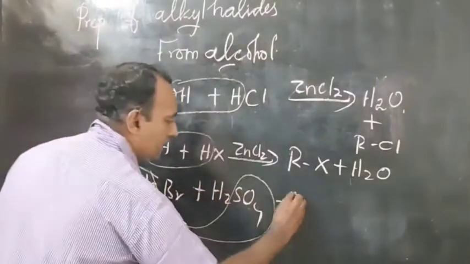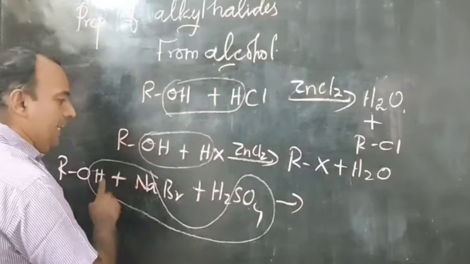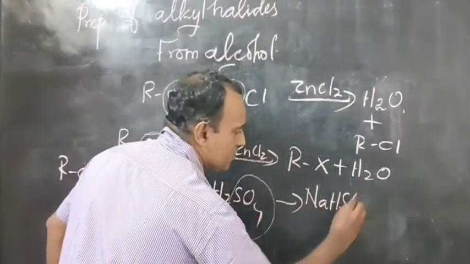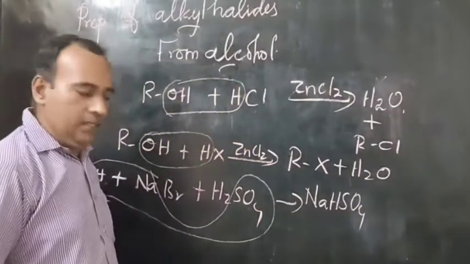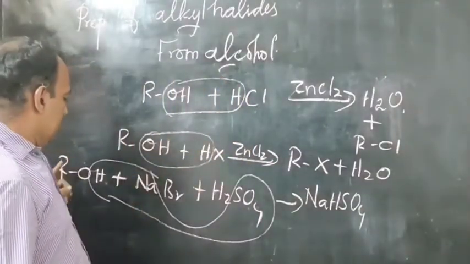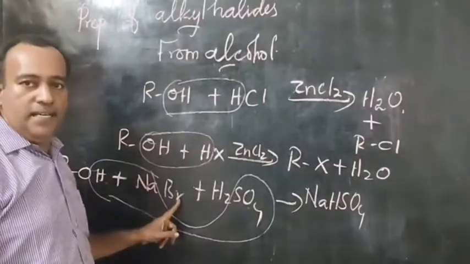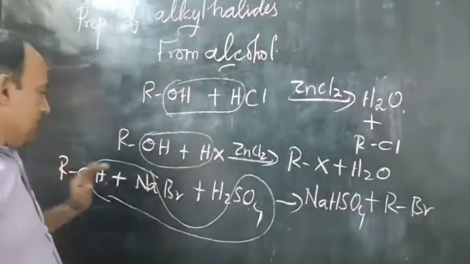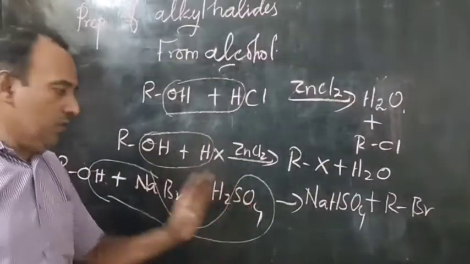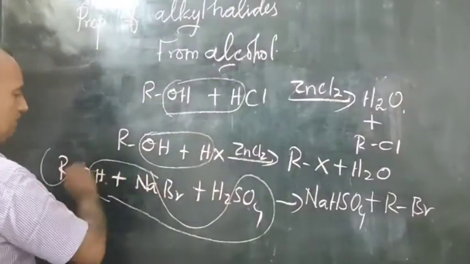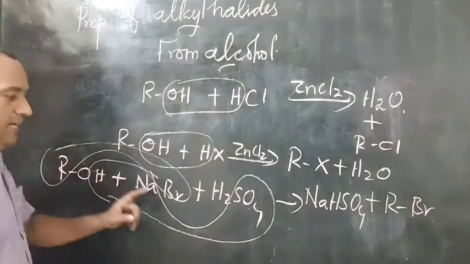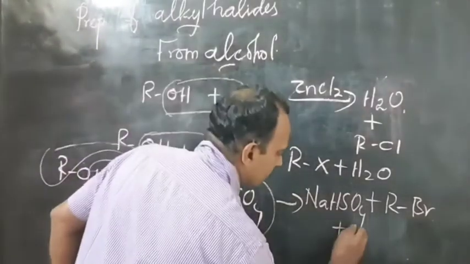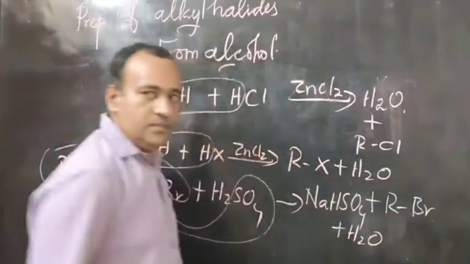The product we are getting is NaHSO4, plus this R will take this Br and convert it into RBr. So R and Br will go. What about the remaining thing? Here one H2 is there, here one O is there, plus we are getting water.